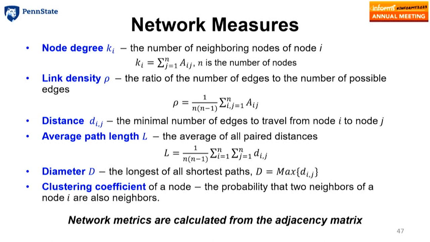Distance, Dij, is the minimum number of edges to travel from node i to node j. The average path length is the average of all paired distances, Dij. The diameter D is the longest of all shortest paths. The clustering coefficient of a node i is the probability that two neighbors of node i are also neighbors of each other. As we can see from the definitions, most network measures or metrics are calculated from the adjacency matrix.